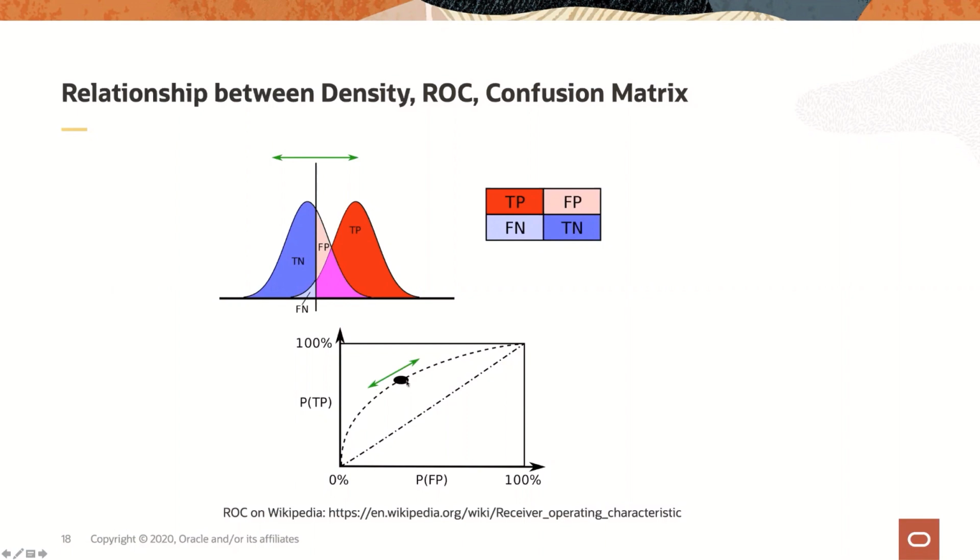So if you move that cutoff point here, it means you're letting more false positives come in, but maybe because you don't want false negatives, depending on your problem. If you want to make sure that your model captures every single transaction that was going to be a fraud, then you're very worried about these false negatives.